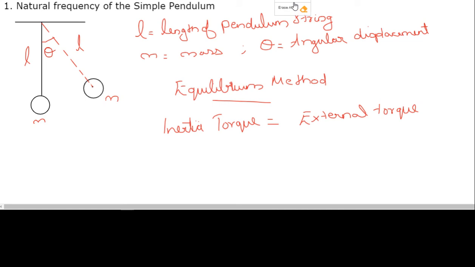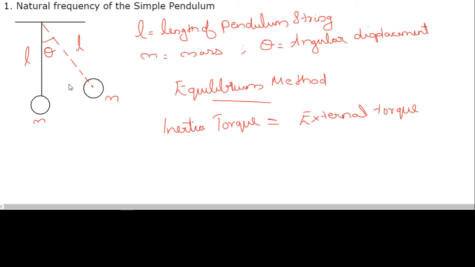In linear motions we can apply it as the total sum of all moments and forces equal to zero, and it can also be translated into inertia torque equal to external torque.